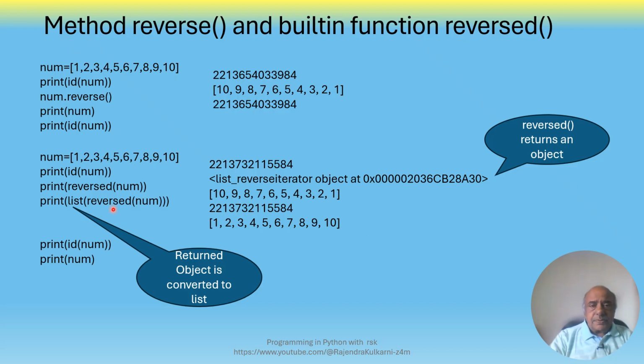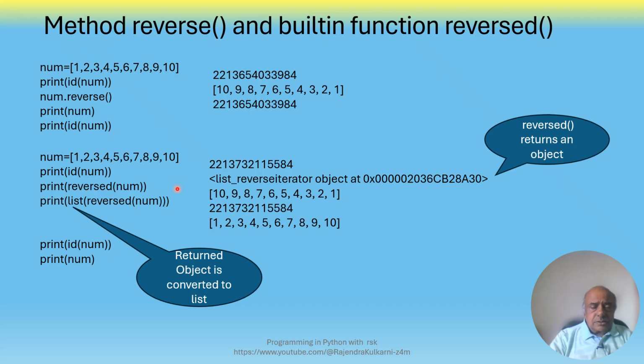So what is happening when we are using the reversed function? The list does not change, only it is rearranged in a different object which is not known to programmers or to us. It is only known to Python.